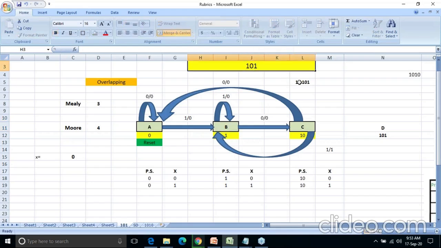So what happens if I get 1, and after that there is a chance that 1 0 1 may come, so it may detect this sequence. This second one can be my first one, because after this I might get 0 1 again. That's why where one is detected, the first one is detected, in B state, and that's why the self loop is written, and here it is written 1 by 0.